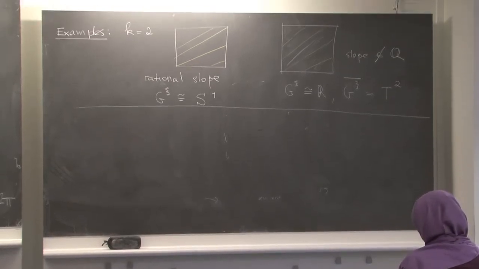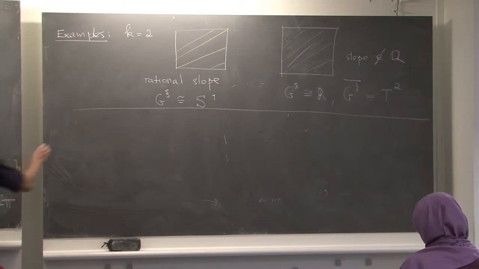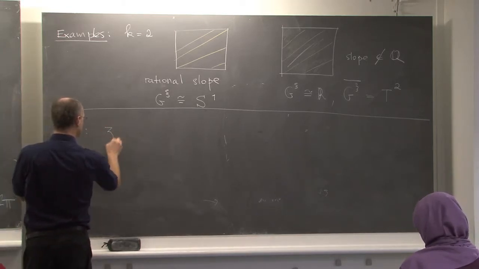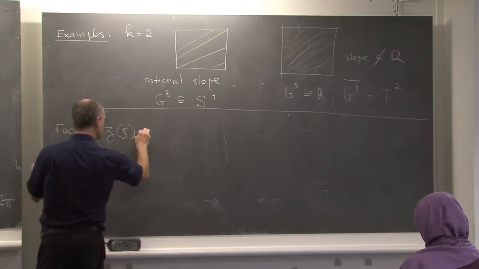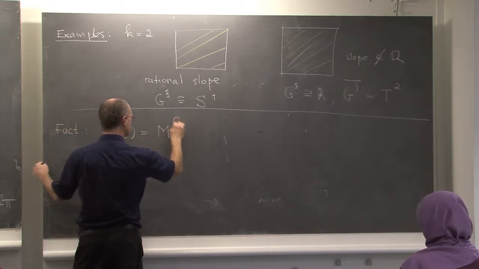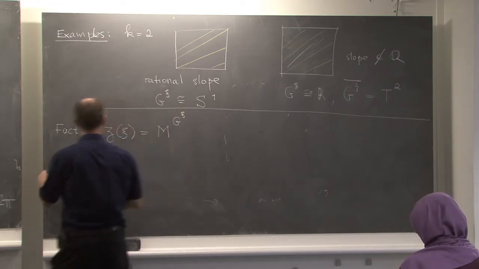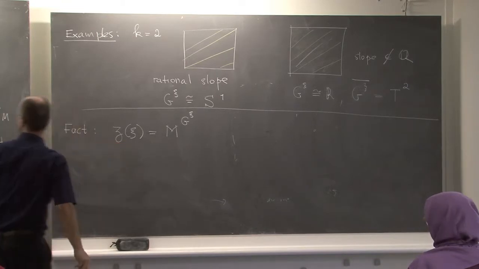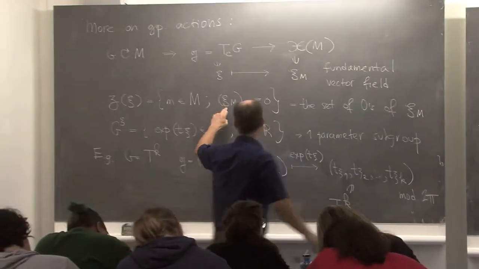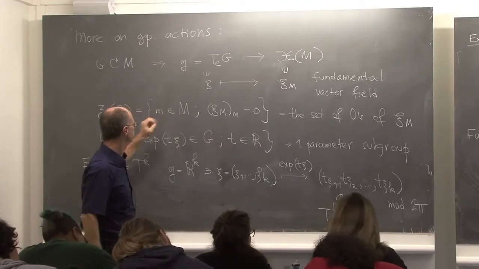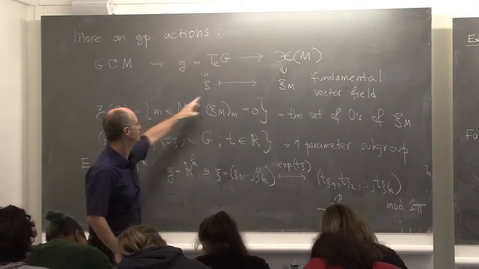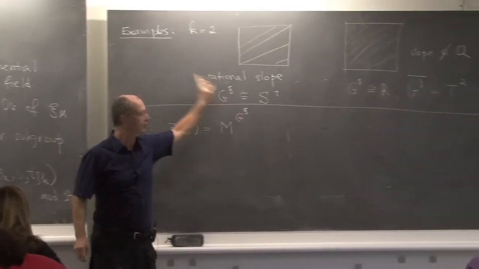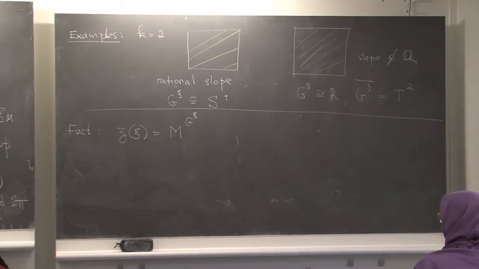Now, here is a fact. The zero set of the fundamental vector field which corresponds to Xi is the same as the fixed point set of the corresponding one parameter subgroup.